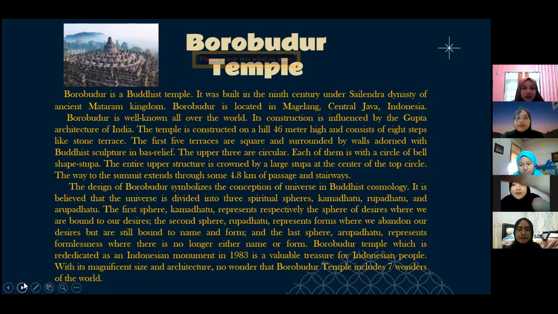Borobudur is well known all over the world. Its construction is influenced by the Gupta architecture of India.